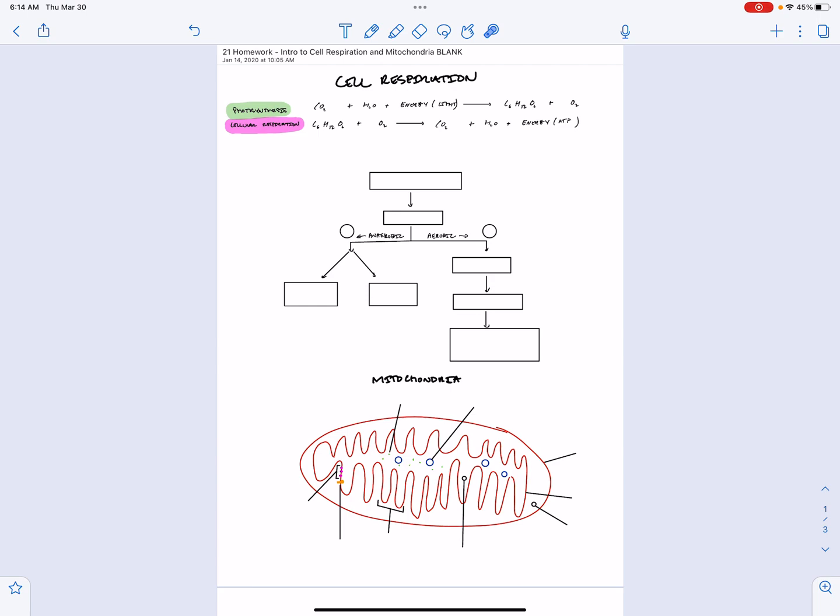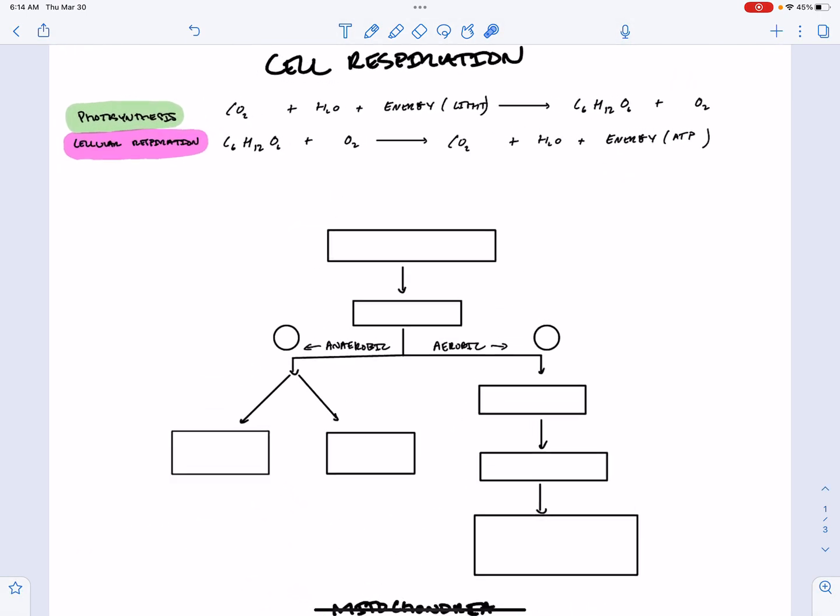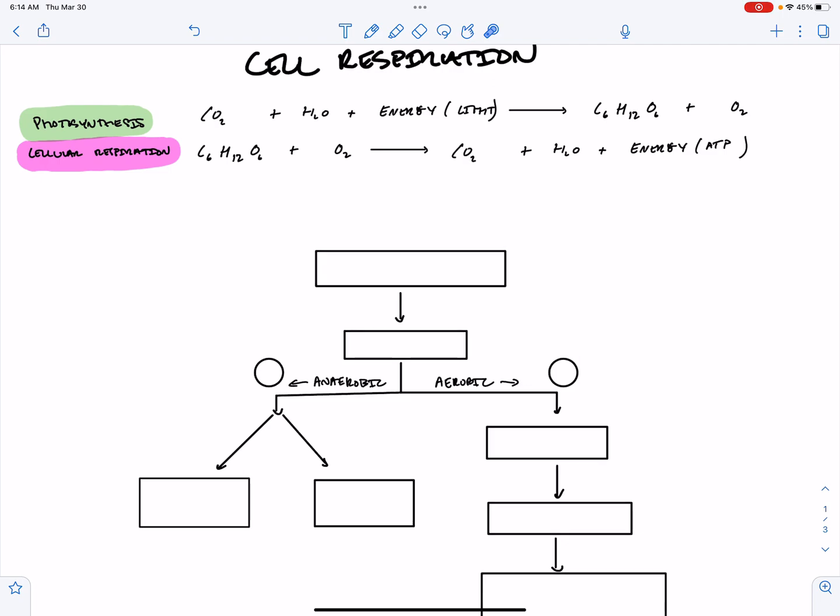Cell respiration is kind of like a controlled bonfire in your body. About 40% of the energy in this process is transferred from glucose to ATP energy. So it's a relatively controlled bonfire, right?